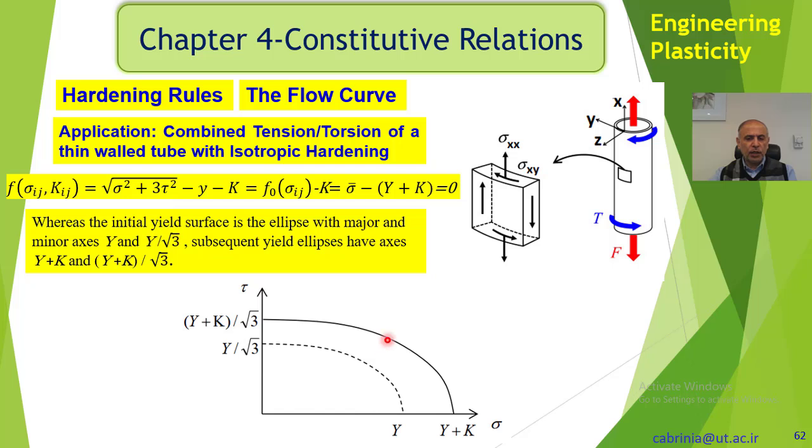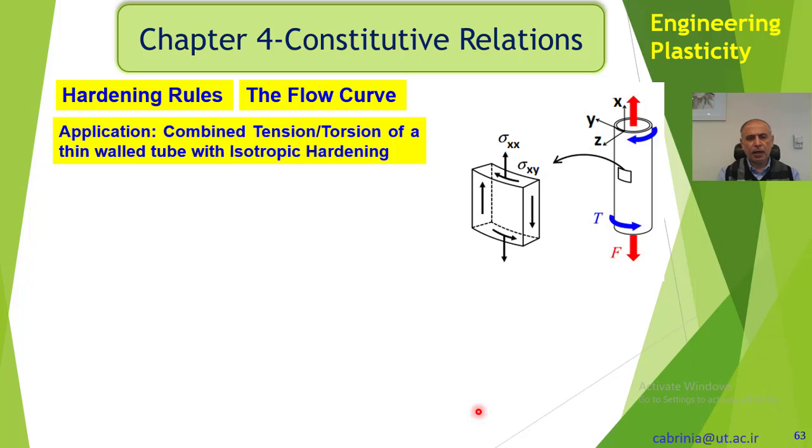I have to reach here in order to yield the material, because the material has gone under a strain hardening effect, okay? It has become harder due to straining and working. So that's why we have drawn this yield surface like that. So if we go further, it goes further, and we may reach a point that fracture happens.